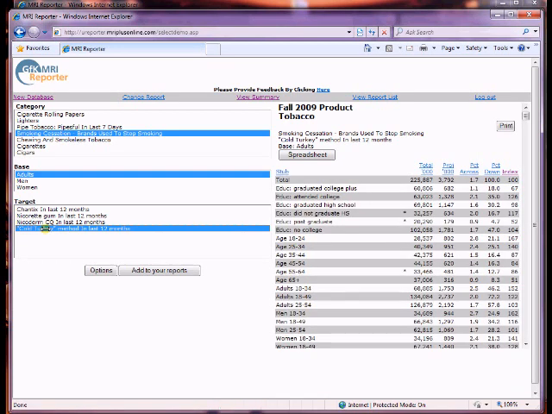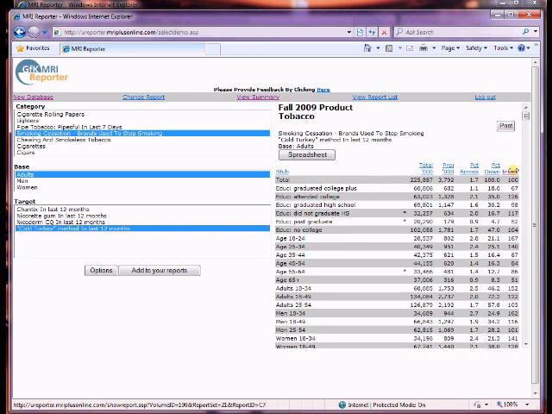And let's see if we can find some information that might help us figure out where we should put our advertisements for Blue Device. We want to find people who are watching or reading or listening to media and have tried to quit cold turkey, because maybe they are really good potential customers for us to try to reach. So again, we have our results here.